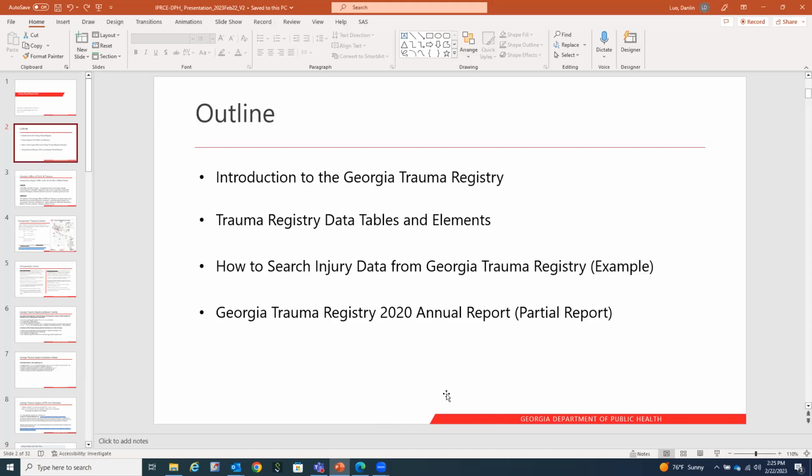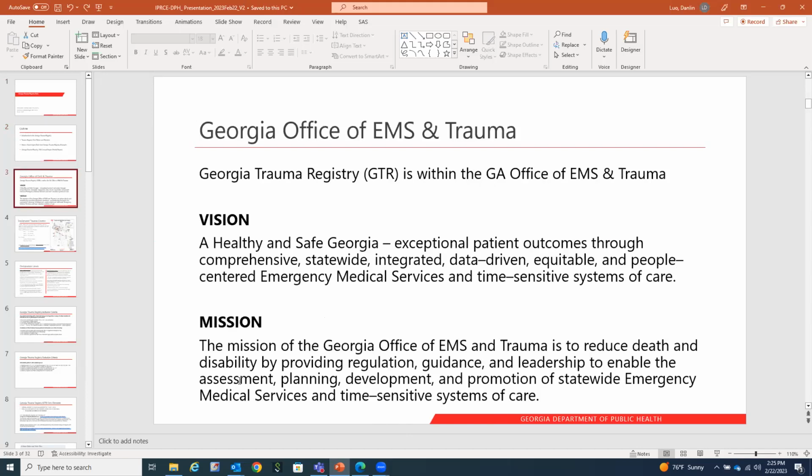I will give you an example, and then I'll talk about the Georgia Trauma Registry 2020 annual report. The Georgia Trauma Registry is within the Office of EMS and Trauma.